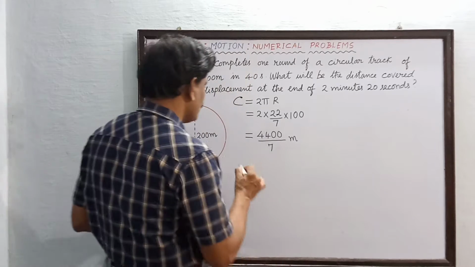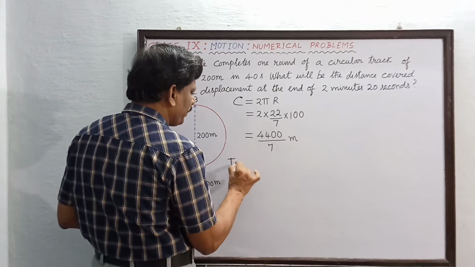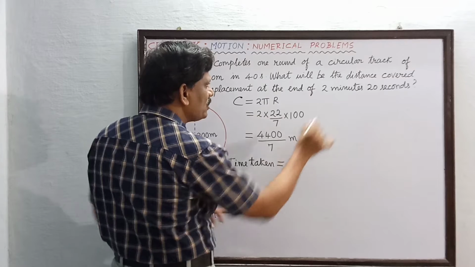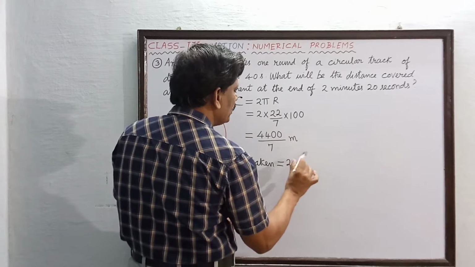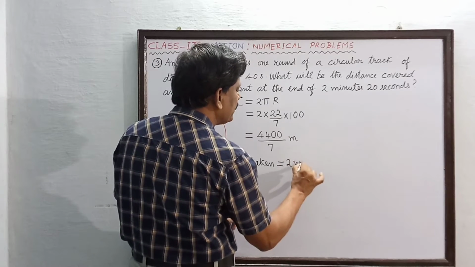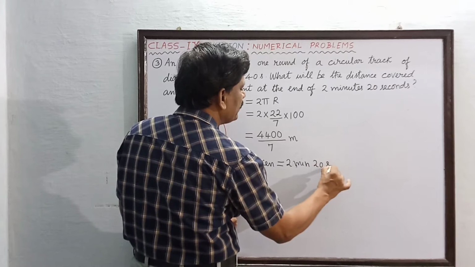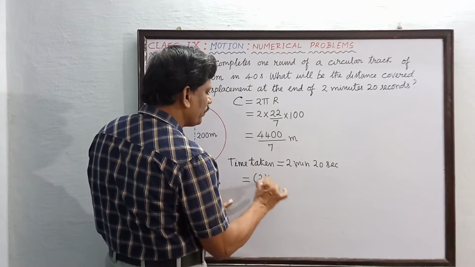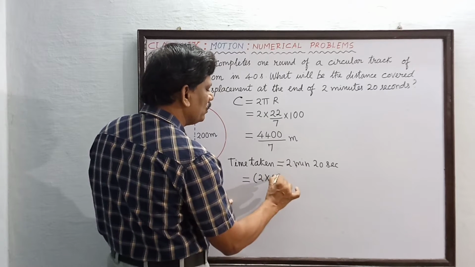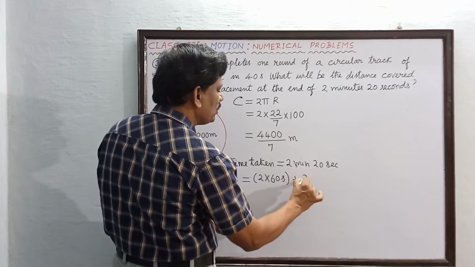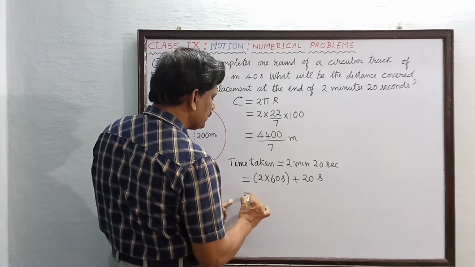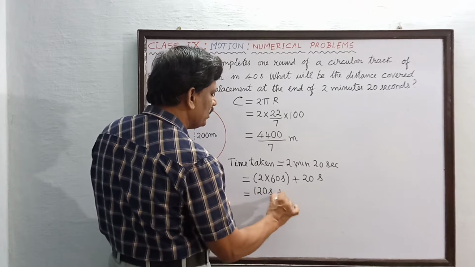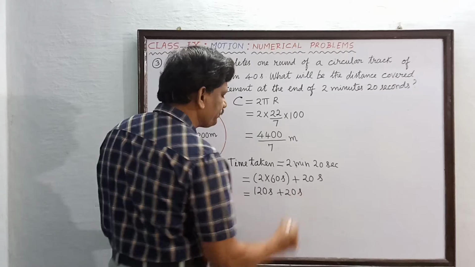Okay students, now the time taken by the athlete is equal to 2 minutes 20 seconds. So this is equal to 2 into 60 seconds plus 20 seconds. 2 into 60 is how much? 120 seconds plus this 20 seconds.